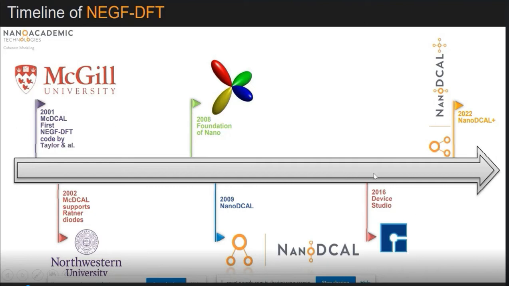That is called Device Studio, where you can model and manipulate material structures and make device structures quickly. Recently the NanoDCAL Plus version has been launched, where a lot of new features, including machine learning, have been introduced, and up to 10,000 atoms can be simulated in devices.